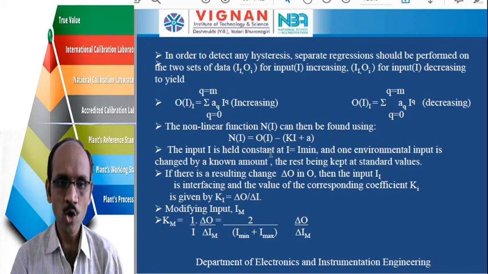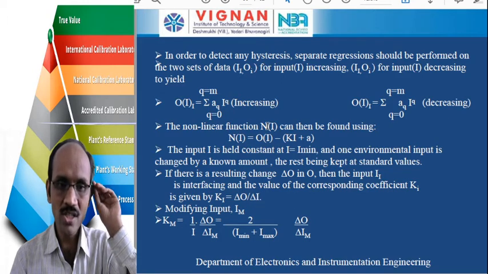While performing the calibration process, we have to keep the input value constant. In this case, the pressure input is kept at the minimum value, and then we observe the output value. Here we are taking three environmental inputs: temperature, moisture and humidity.